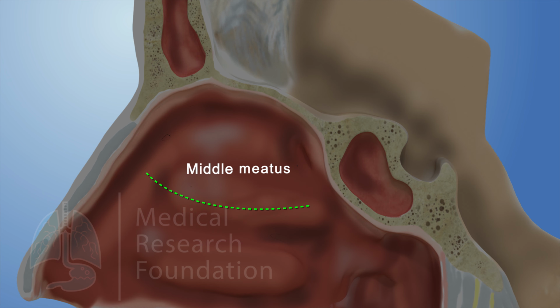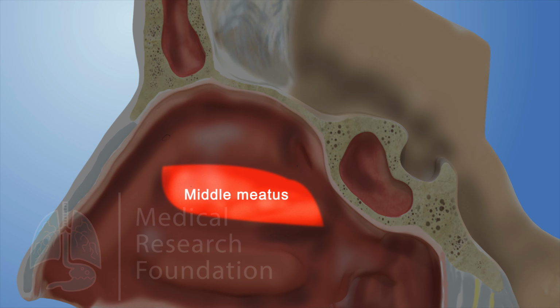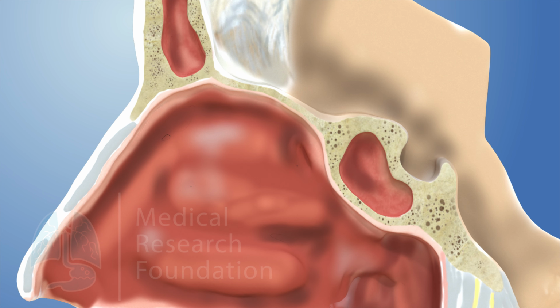Middle meatus lies underneath the middle concha. It presents the following features. Ethmoidal bulla, bulla ethmoidalis. A round elevation produced by the underlying middle ethmoidal sinuses. Hiatus semilunaris, a deep semicircular sulcus below the bulla ethmoidalis.